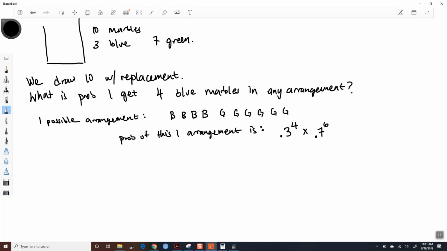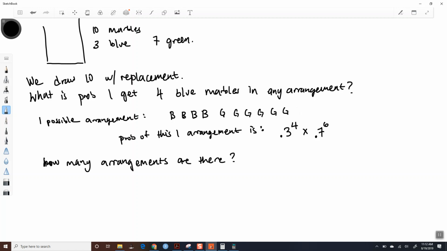Now the question is, how many possible arrangements do I have? I could scramble these all around, and go blue, green, green, green, blue, green, blue, blue, or something like that. As long as there are 4 blues and 6 greens, however I arrange them, it simplifies to 0.3 to the 4 and 0.7 to the 6.